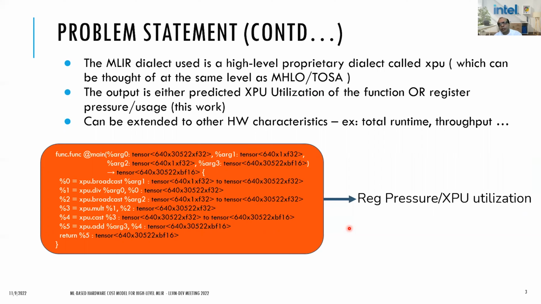Though this is currently being handled only for two, we can extend this to various other hardware characteristics, like the total runtime of this particular piece of code, the throughput, or other characteristics like memory usage. You can use a very similar mechanism to do that, which I'm going to explain in the next few slides. So this is a very high-level problem statement.